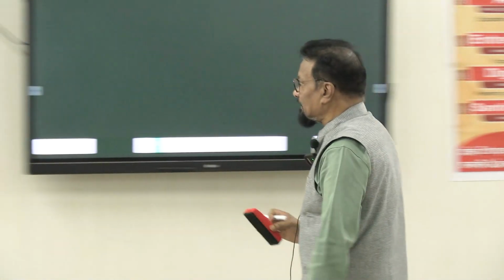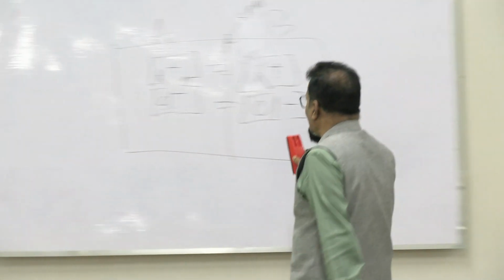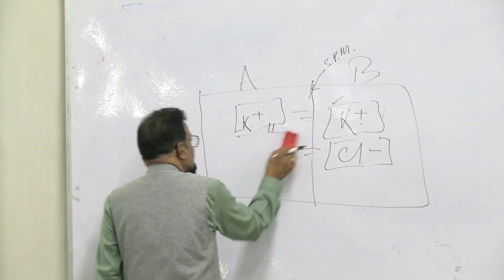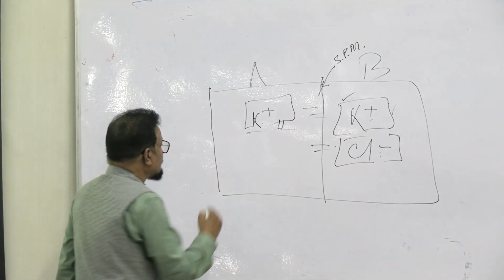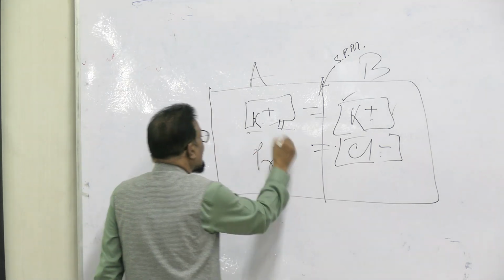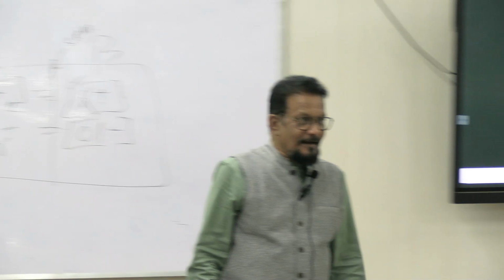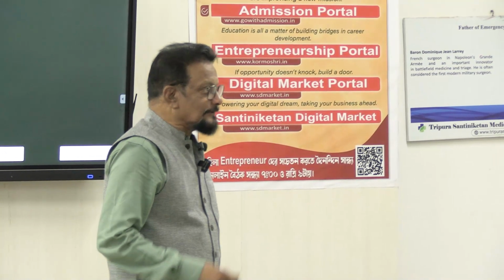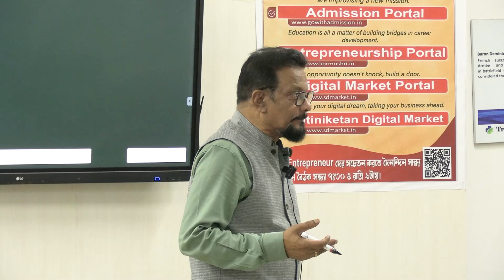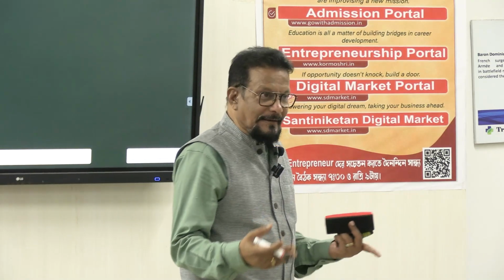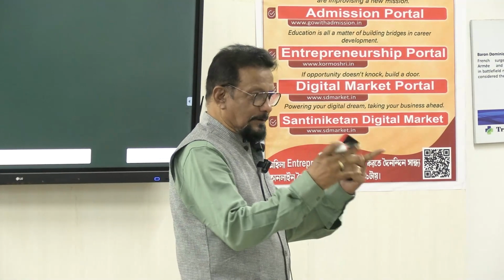Now, see what happens. I replace this ion with protein negative, Pr negative. Now, this protein is not permeable. So what will happen during equilibrium?